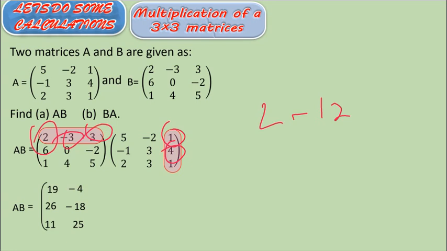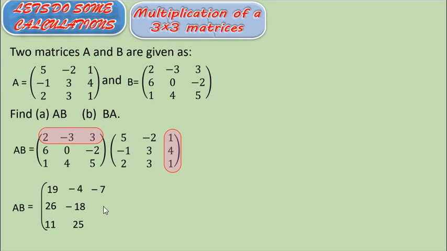And then 3 will multiply 1 to give me plus 3. So now, if you add everything, minus 12 plus 5 will give us minus 7. So minus 7 will be the answer we'll get if we do it very well. Therefore, the answer that we're going to have in this position will be minus 7. I've shown you how you will get that.